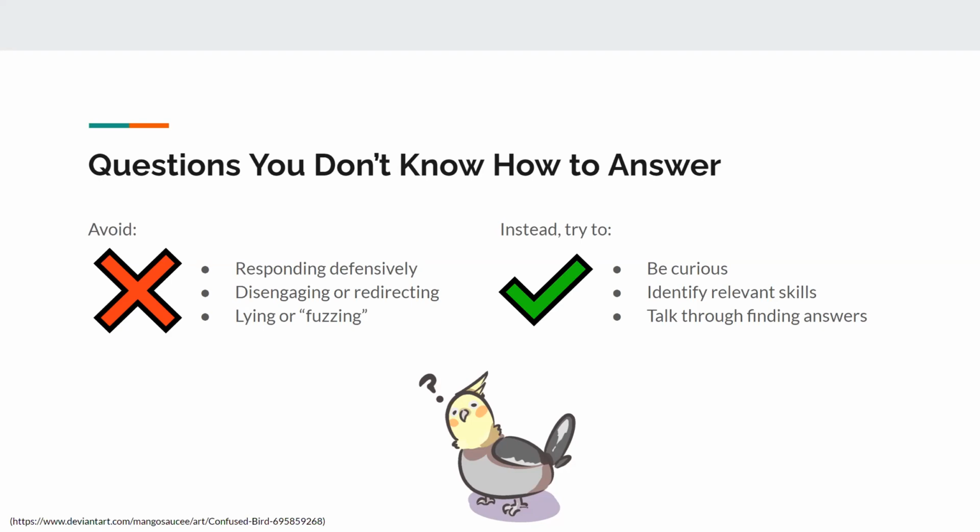It's going to happen. Every technology company that interviews worth its salt is going to ask questions that fall into some of these categories, because, as I mentioned before, the way people respond to them, more even than the content of the question, tells you a lot of information about them that you really want to know. Let's talk about questions you don't know how to answer.